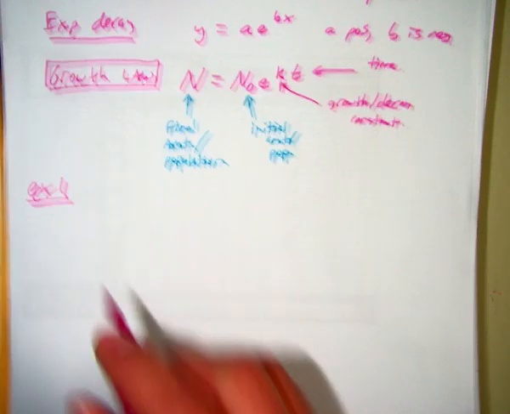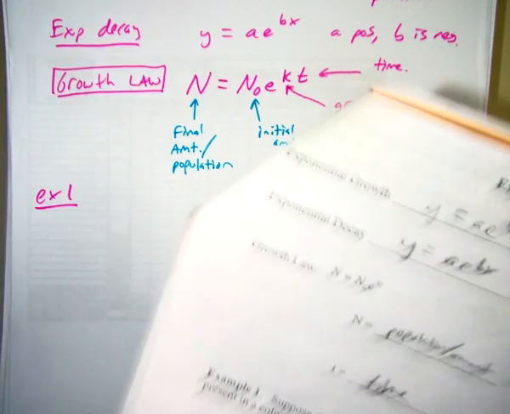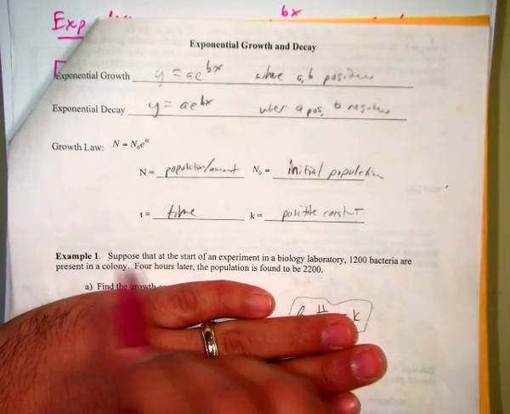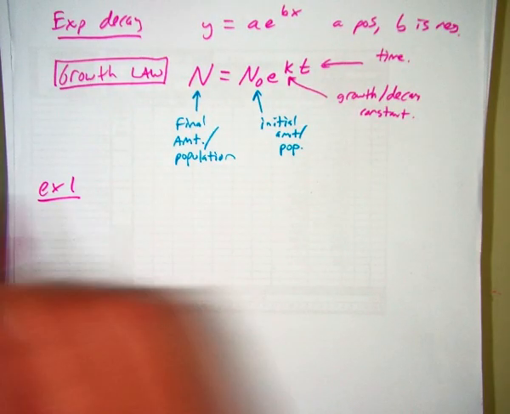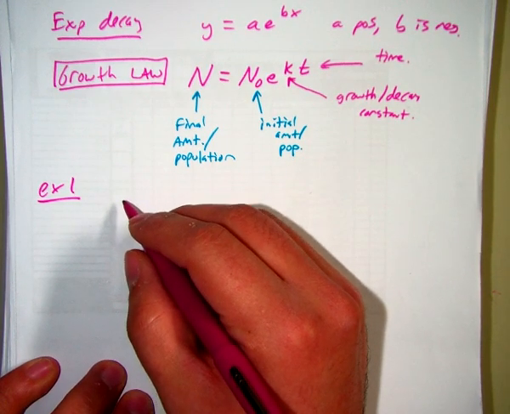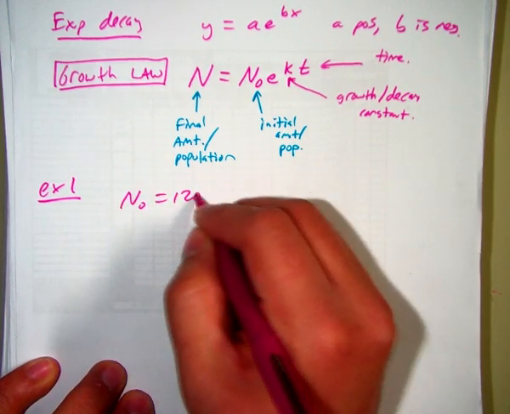All right, so for the first example, in case you haven't seen what we're talking about, it says that we have a start of an experiment. Initially 1,200 bacteria were present, so I'm just going to write down what we know.